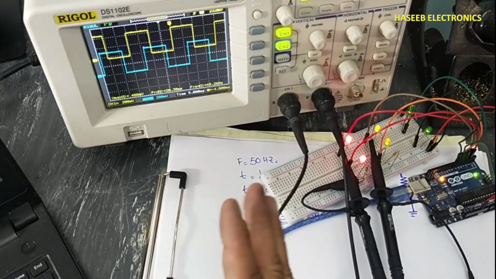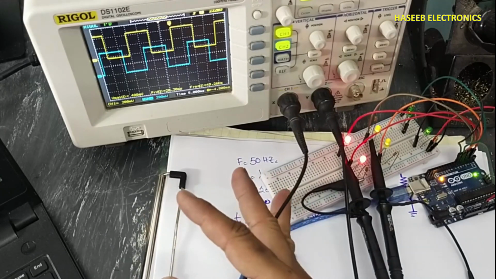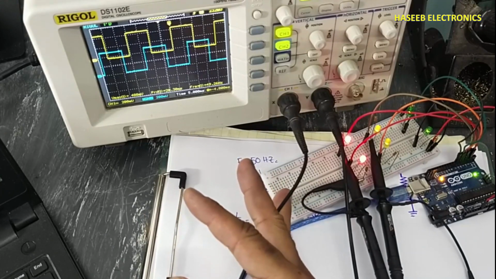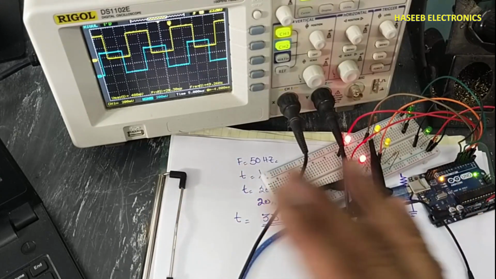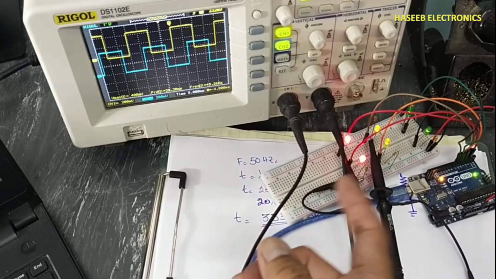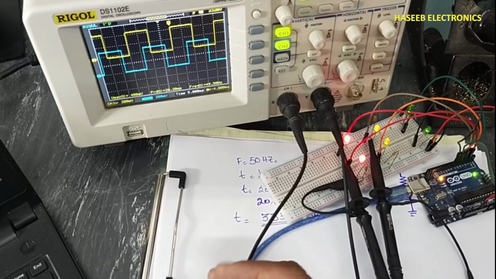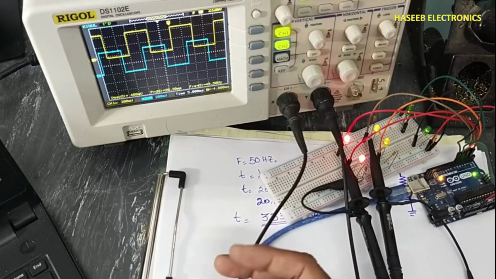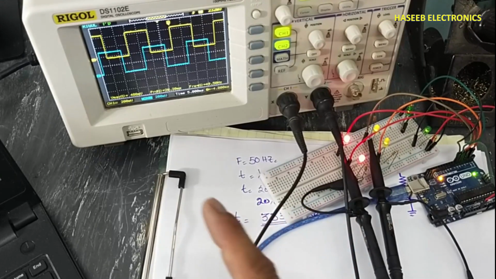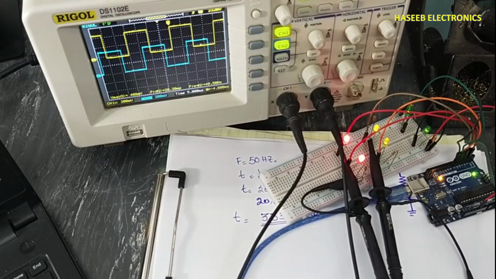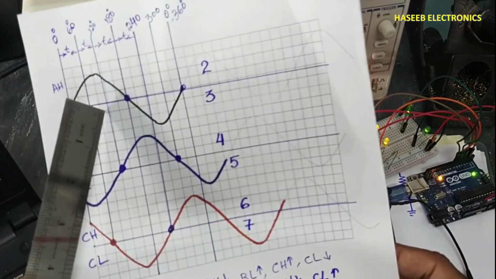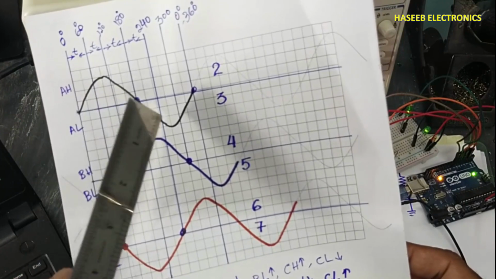In an upcoming session we will add some frequency adjustment in this project, and we will build this project using IPM, or we will use independent transistors, IGBTs, to take this signal high, low, high, low.